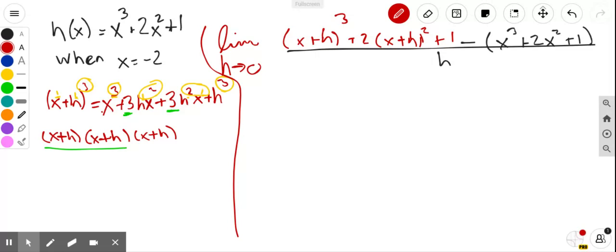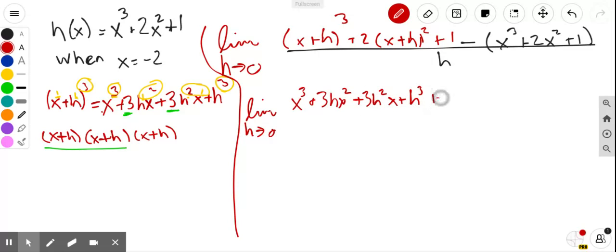So now this would get us the limit as h approaches 0 of x cubed plus 3hx squared plus 3h squared x plus h cubed, plus 2 times the x squared plus 2hx plus h squared, plus 1.